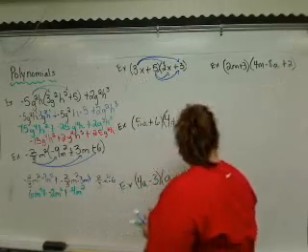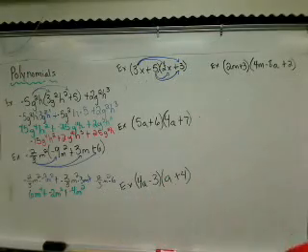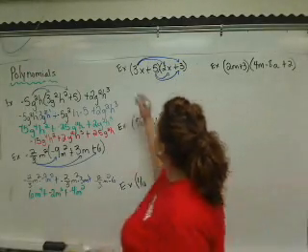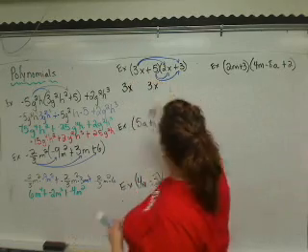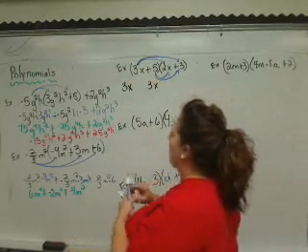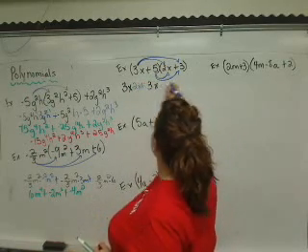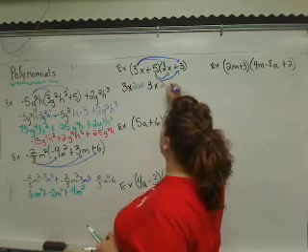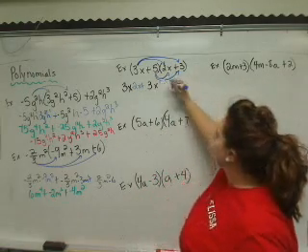Oops, black's running out. We're going to multiply it by something twice: by 2x here, plus 2x here. Oh, sorry, plus 3 here. Sorry.